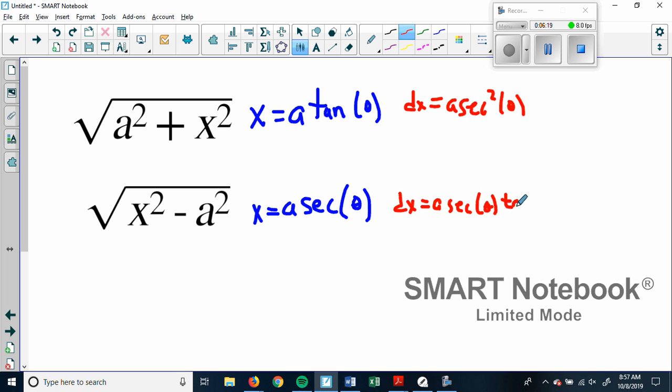Hopefully it'll become a little more obvious in class why we're going to make those substitutions. But those are the substitutions that are going to help us simplify and actually do these integrals as well.